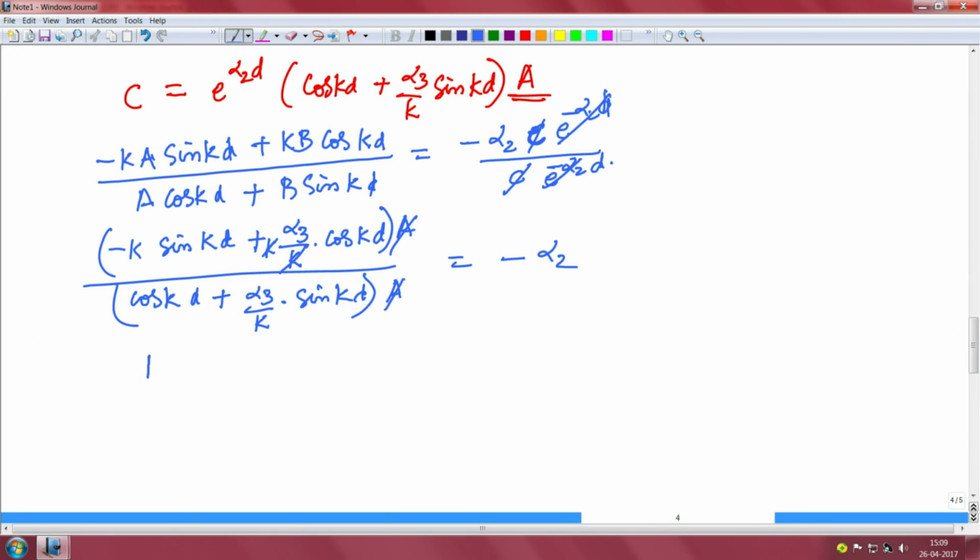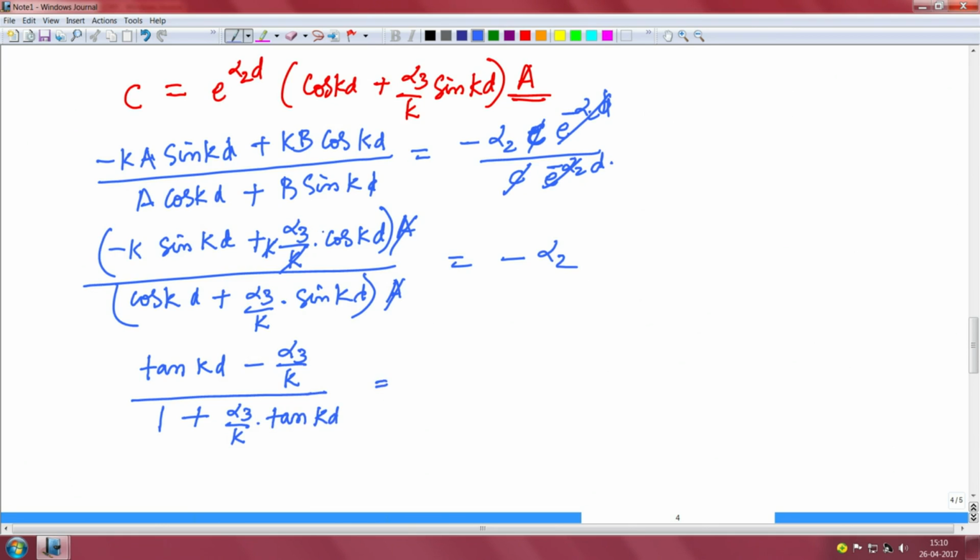So, I will try to get something like this, sine over cos minus alpha 3 by k, and sine is there here, one is there here, 1 plus alpha 3 by k into tan kd equals.